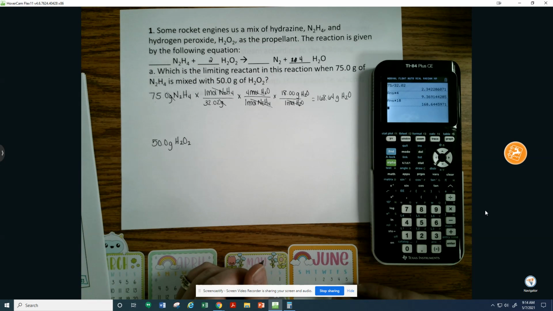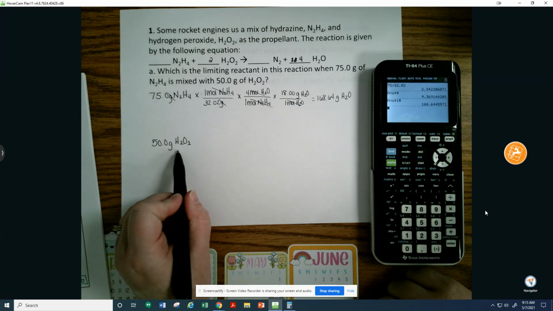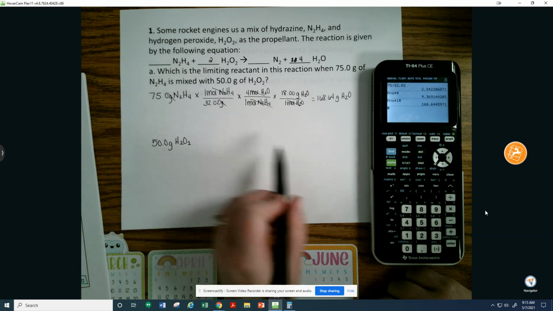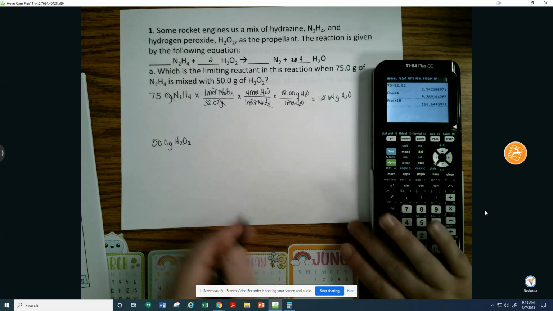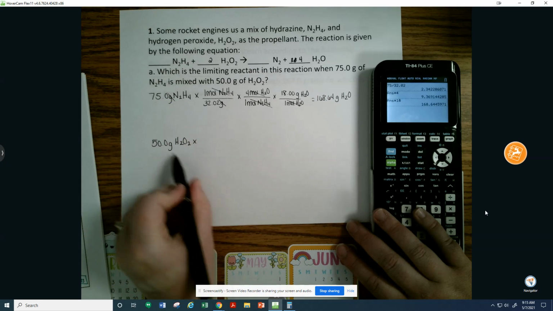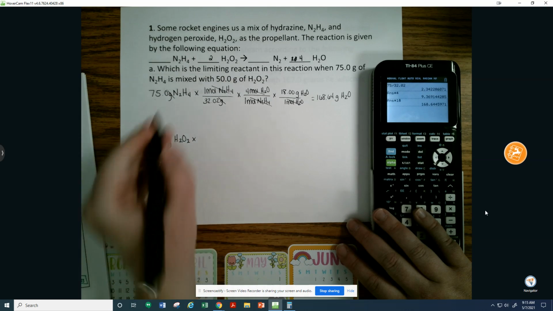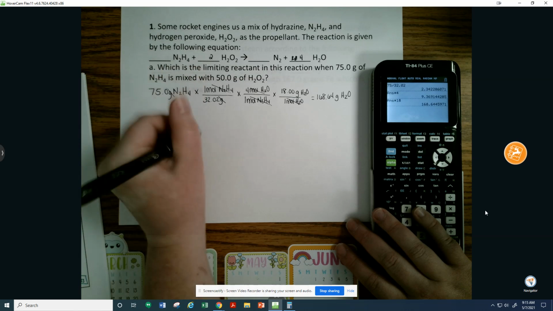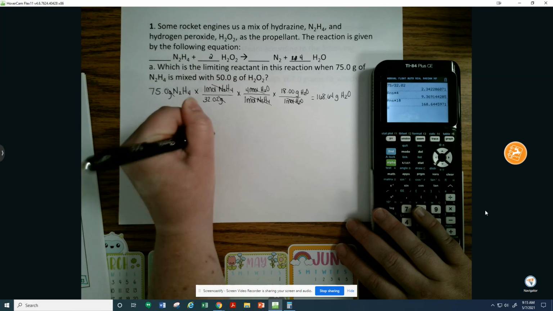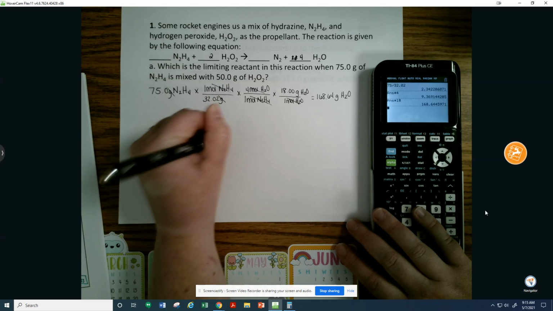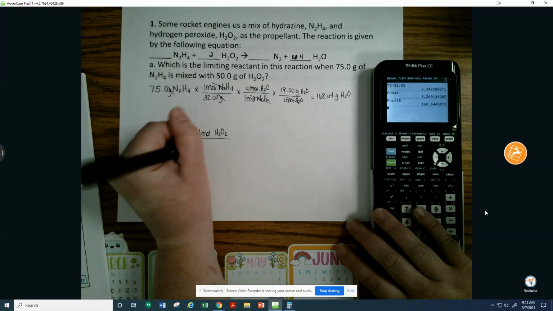So now we're going to do the same exact thing, except we are going to do this with hydrogen peroxide. We want to see how much product my hydrogen peroxide can form. So this first part is going to be a little different. I need the molar mass of hydrogen peroxide, not hydrazine. So 1 mole of H2O2, using their molar masses and adding them up, is 34 grams.